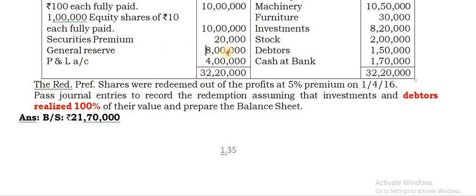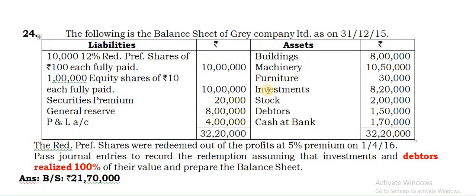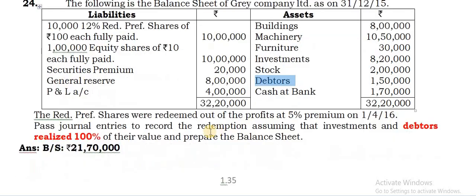That will be shown as the balance amount in the general reserve when you are writing in reserves and surplus. Okay. Then buildings, machinery, furniture, all these three will be taken under fixed assets. Stock will be there. Investments will not be there in the new balance sheet. Debtors also will not be there in the new balance sheet.